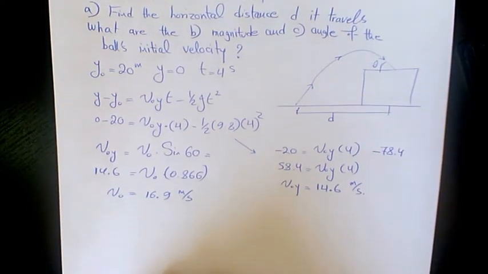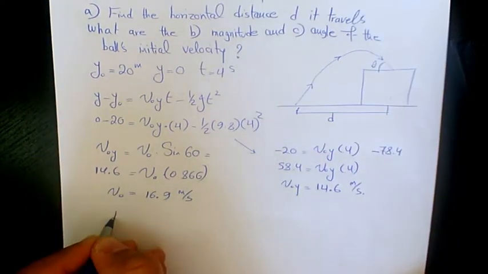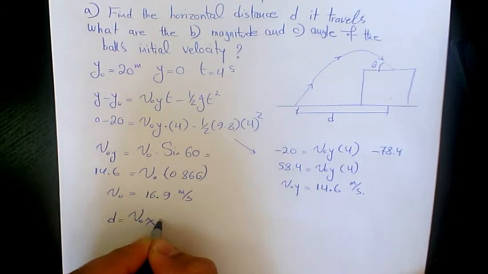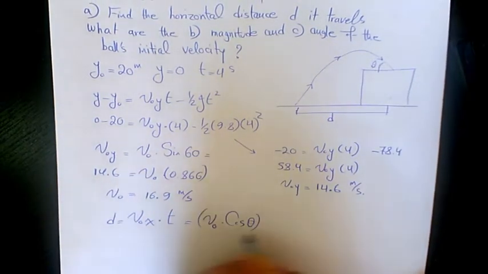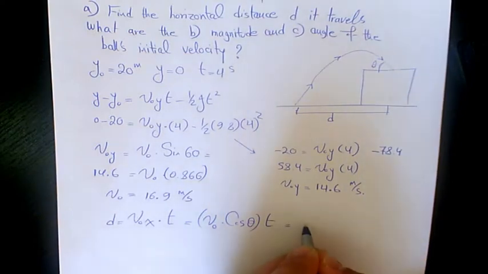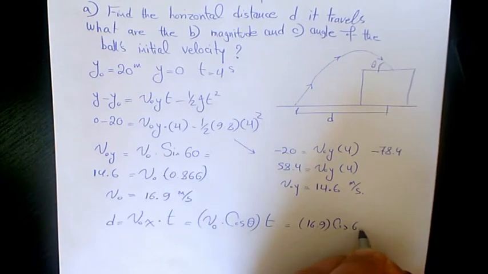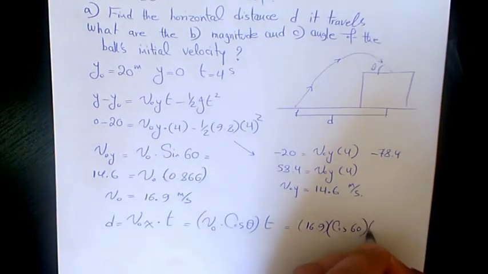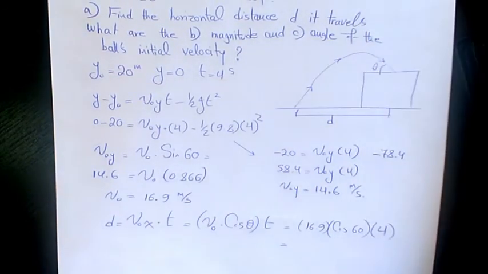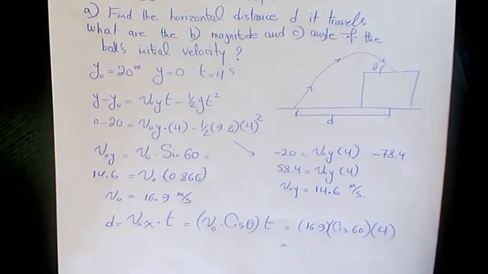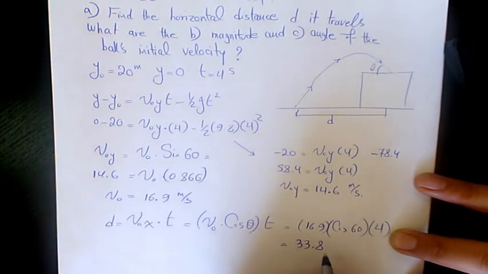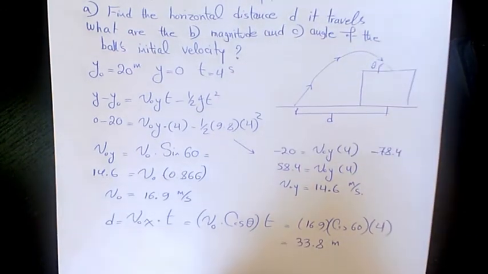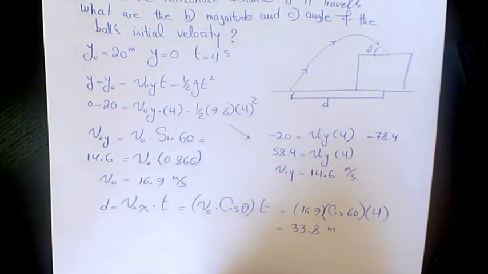Now based on that we can find d. d is v naught x times t, which is going to be v naught cosine theta times t, which will be 16.9 times cosine 60 times the time, which is 4 seconds. It's going to be 33.8 meters. So now that's the horizontal distance.